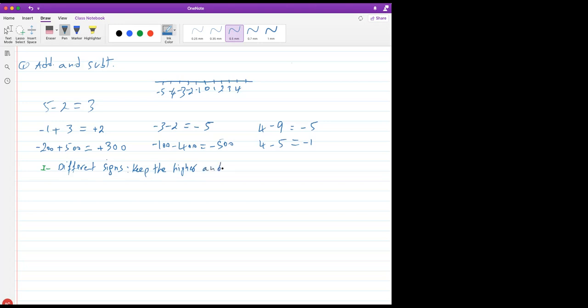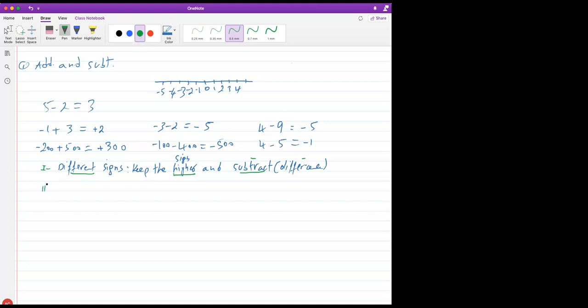And subtract, or in other words, find the difference. Okay, if you have different signs, do the difference, meaning subtract. So different signs, keep the higher sign and subtract. This means subtract. That applies to these problems, also these problems.